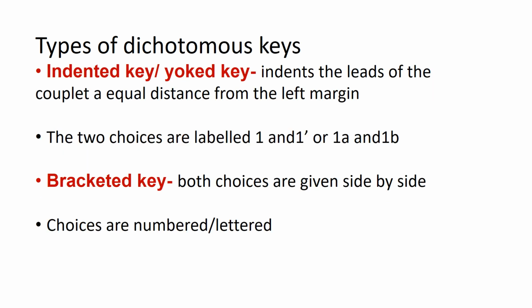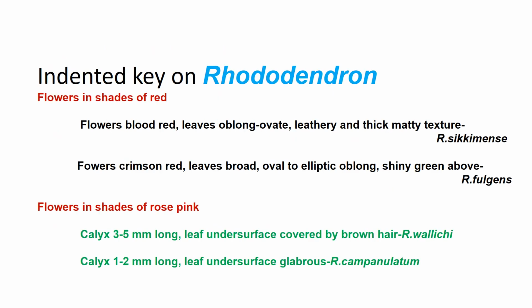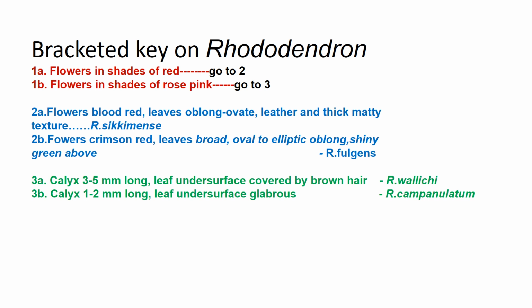In dichotomous keys, there are two types. One is the indented key or yoked key, and the other is the bracketed key or numbered key. We will see them one by one. Here we have given space, and within that character we have finished the segregation of these two species. Instead of this, here we give the leads one by one, and we give a number at the end.